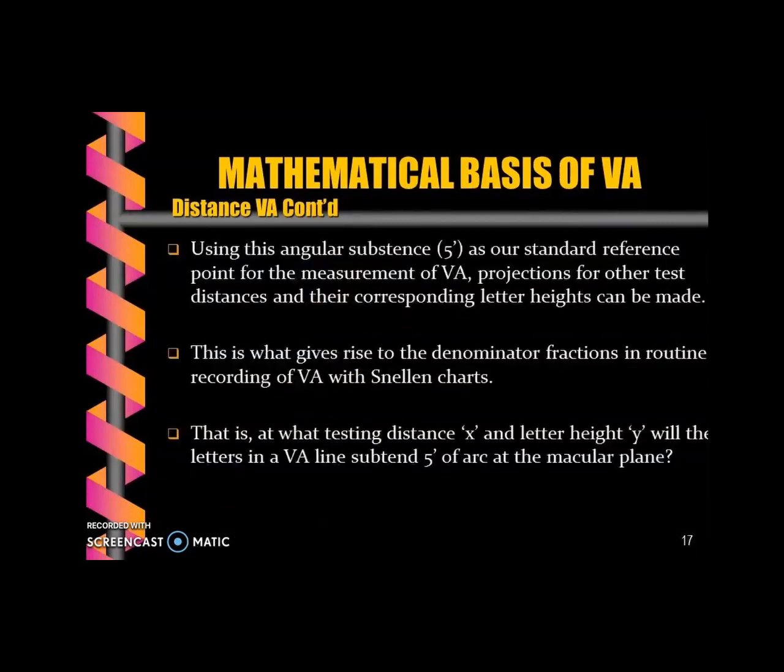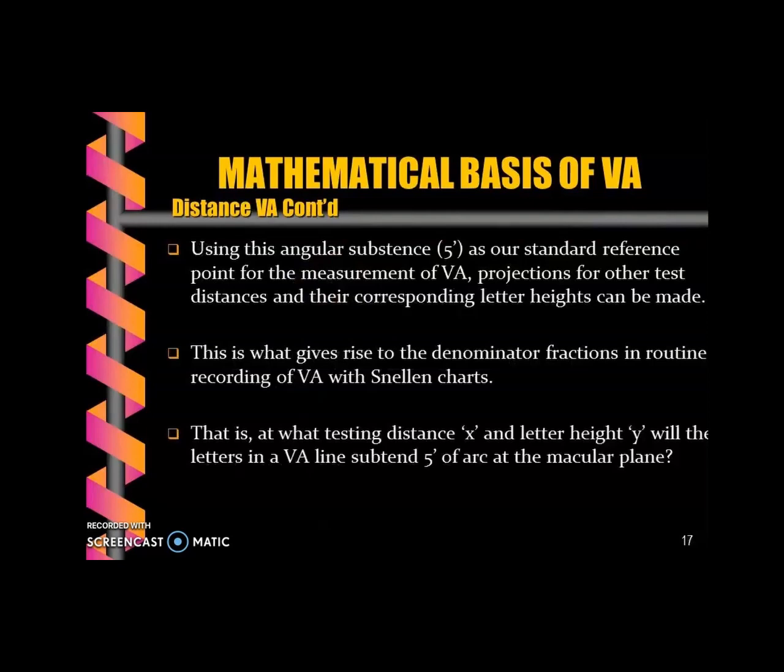So in the next slide, using this angular subtense of 5 minutes of arc as our standard reference point for the measurement of visual acuity, projections for the other test distances and their corresponding letter heights can be made. This is what gives rise to the denominator fractions in routine recording of visual acuity with Snellen charts.